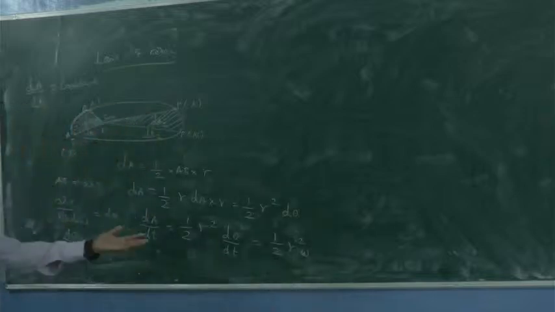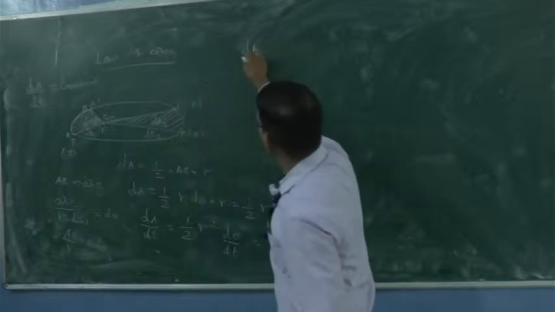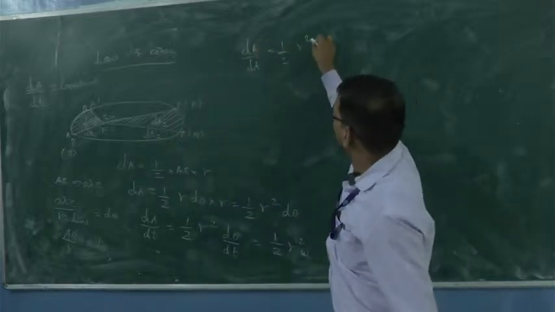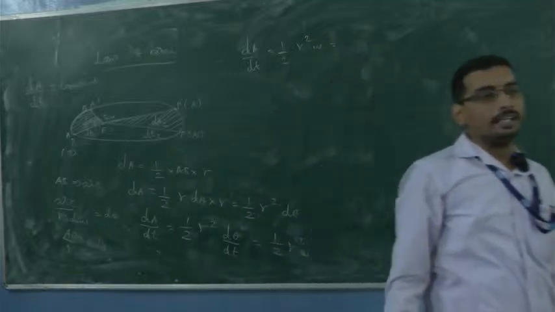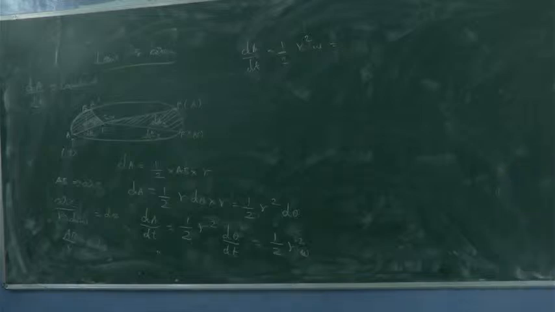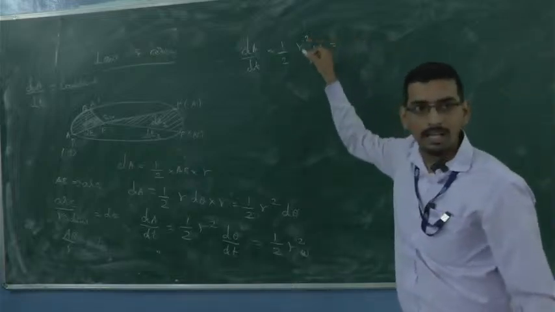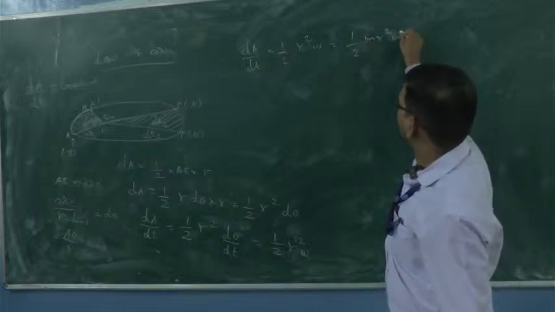So dA by dt is equal to 1 by 2 R square omega. We need angular momentum, because in every planetary motion the angular momentum of the planet remains constant. For that we need the mass value, so 1 by 2 m R square omega by m.